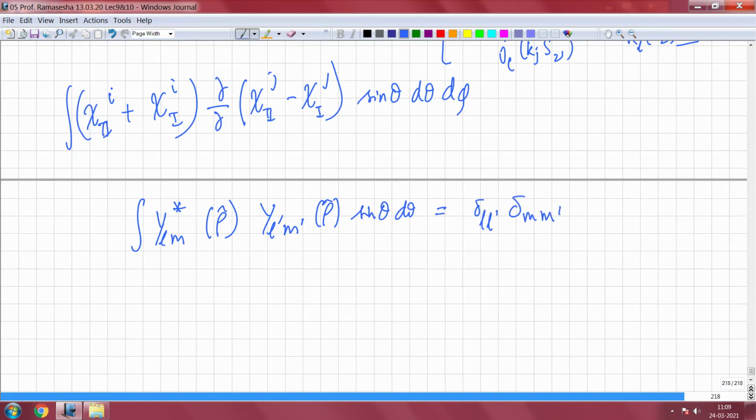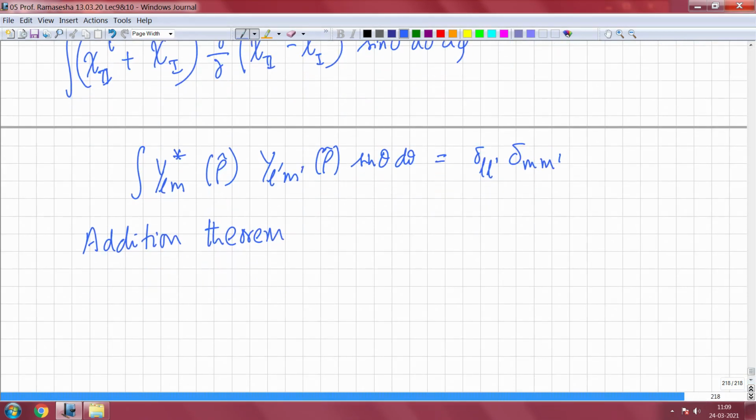That is one relationship. Another relationship is what is called the addition theorem of angular momentum, also the addition theorem of spherical harmonics, which is quite easy to prove. You can look it up on the web, or in Powell's book on quantum mechanics.